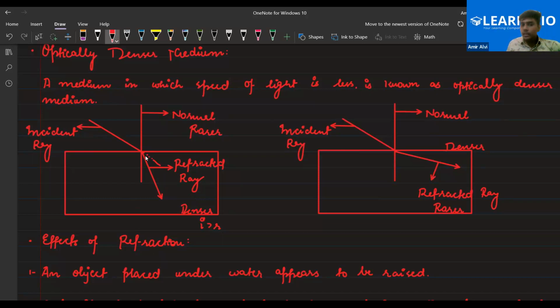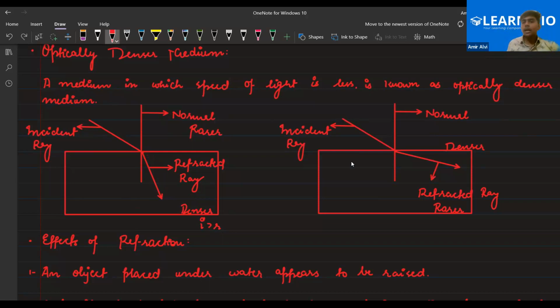But in this case, the ray is shifted towards the normal, so this angle gets subtracted from the original angle. That's why the refracted angle will be less in the rarer to denser case. Is this clear to all of you?